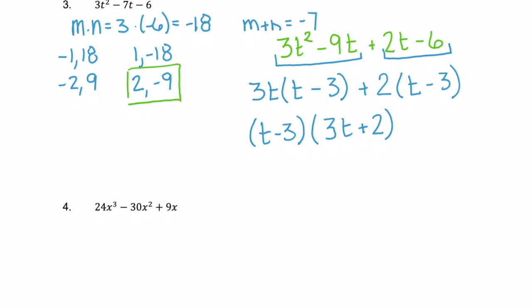Now let's look at example 4. 24x cubed minus 30x squared plus 9x. Well, this definitely isn't in the format of ax squared plus bx plus c. Notice we have an extra x, so we know we can factor out a GCF of an x.